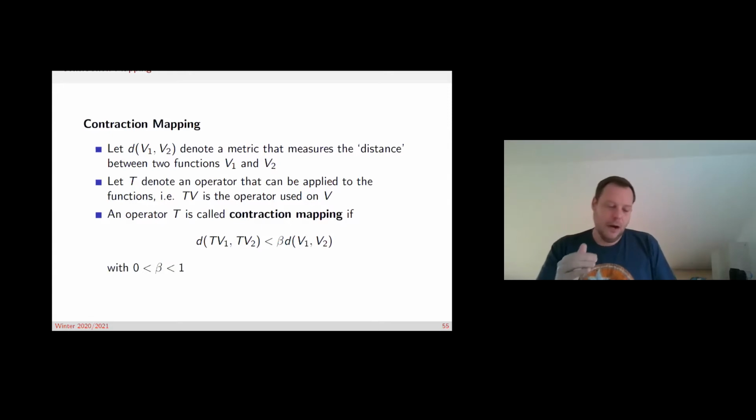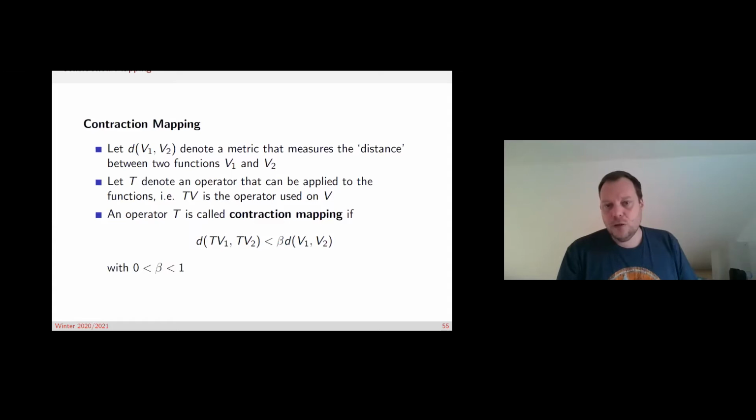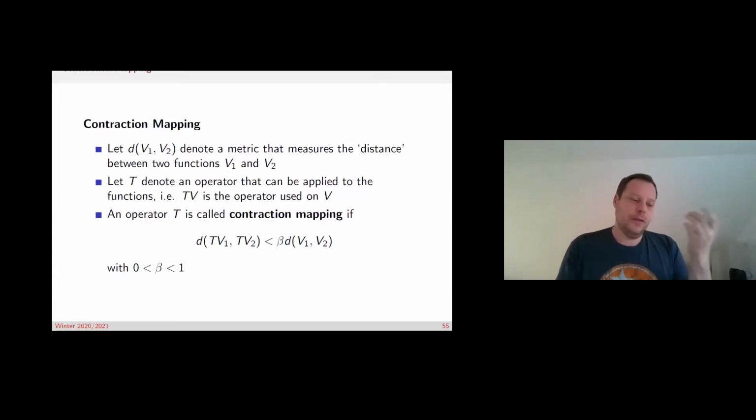Okay, and the idea is now that if you have this contraction mapping, you could start with any function and apply the operator on this function, and measure the distance between the initial function that you had and the new function that results from applying this operator, and then do this again. So apply the operator to the function on which you applied the operator, and then look again at the distance. And you do that over and over again.